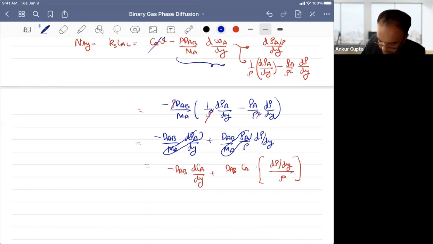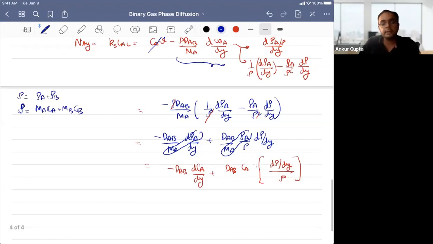We know that rho is equal to M_A c_A plus M_B c_B, right? So let me just clarify further. Rho is equal to rho_A plus rho_B, because M_A c_A plus M_B c_B. We can make two simplifications. Let's take out M_B first. So M_B times 2 c_A plus c_B, right? Because we know that M_A is twice that of M_B. So M_B times, and then c_A plus c_B is equal to c naught.